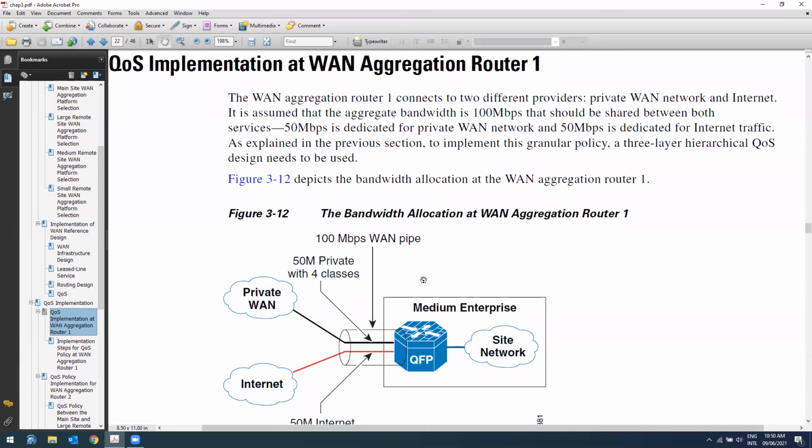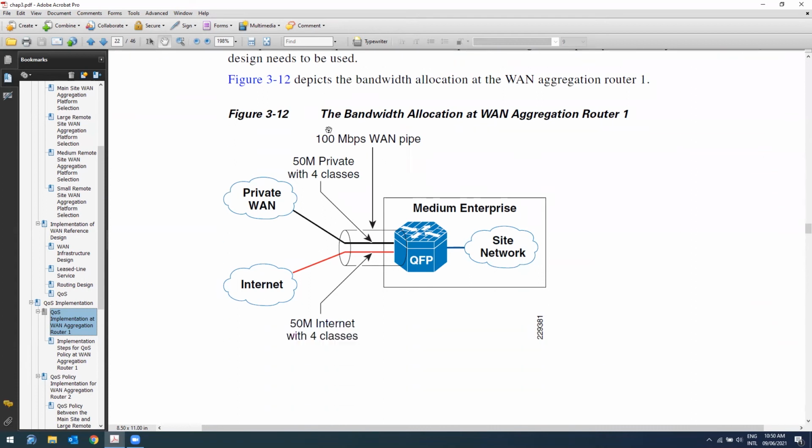As explained in the previous section, we will implement this policy. A three-layer hierarchical QoS design needs to be used. So basically, you have 100 Mbps, so 50-50. It's 50 Mbps private with four classes, and the internet has 50 Mbps with four classes.